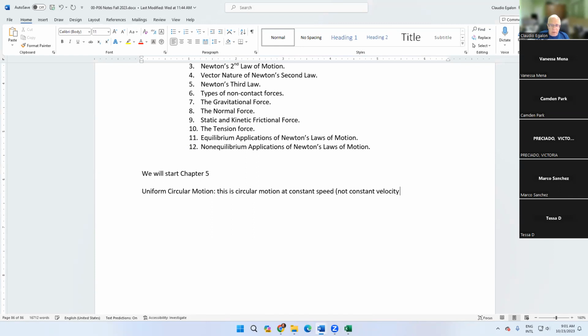Not constant velocity because the direction of the velocity vector changes, even though the magnitude of this vector does not, okay? That's why it's uniform. It's uniform because of constant speed. It's circular motion because it undergoes a circular motion.